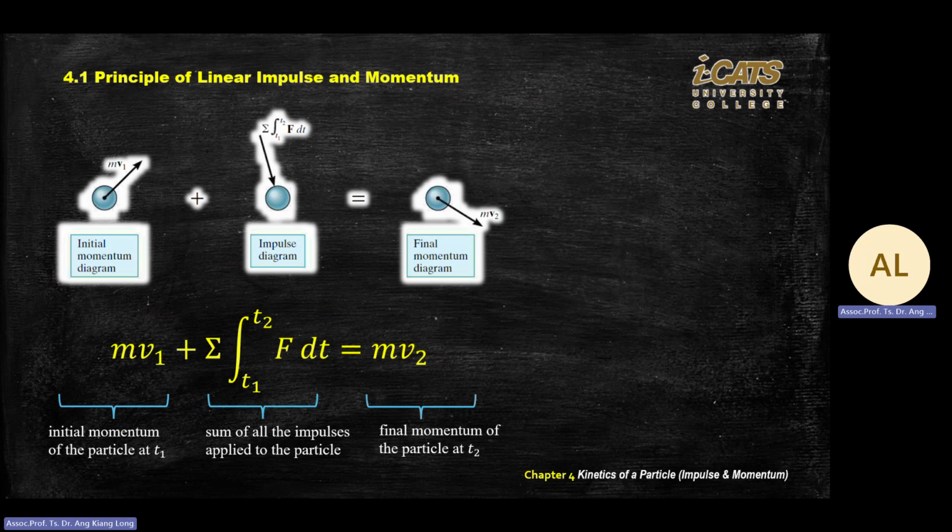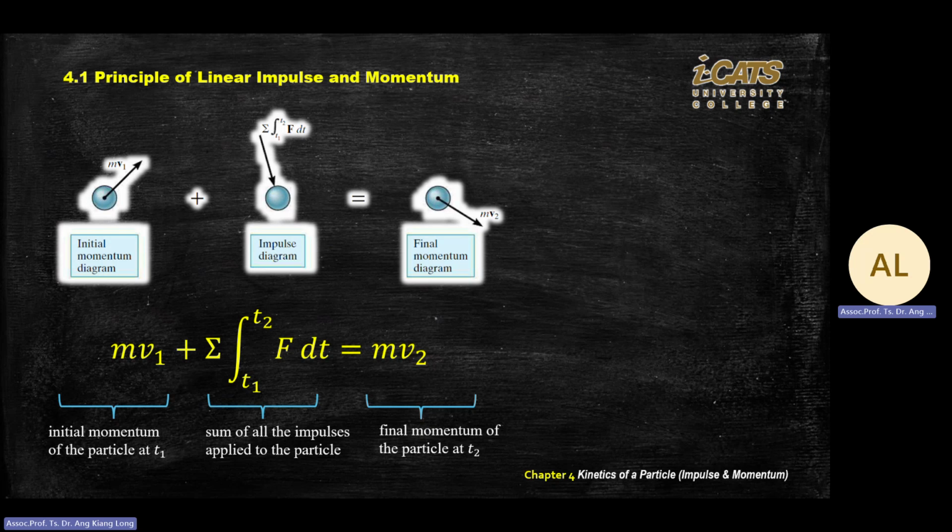This is the illustration of this equation. This will come in later when you solve problems. Sometimes you need to use this diagram with the initial momentum diagram, the impulse diagram, and the final momentum diagram.